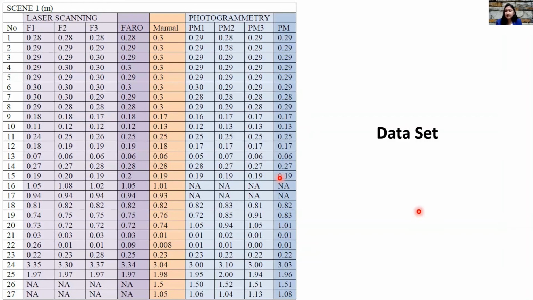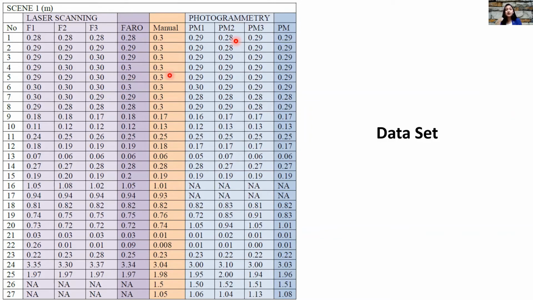This is how my data set looked. After I had my models ready, I took 3 measurements each from the laser scanning model, then got an average from that, for all 25 objects, and did manual measurements. Then from the photogrammetry models, I took 3 measurements each and did an average.